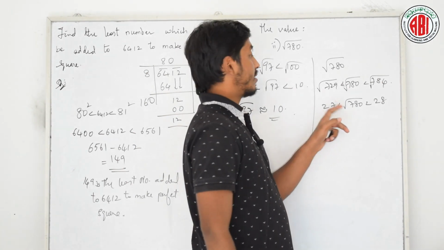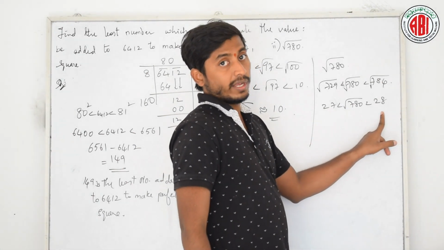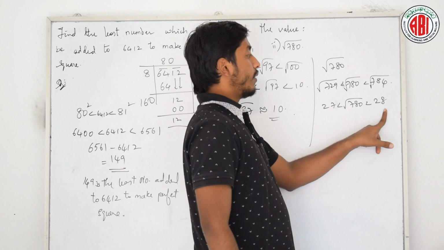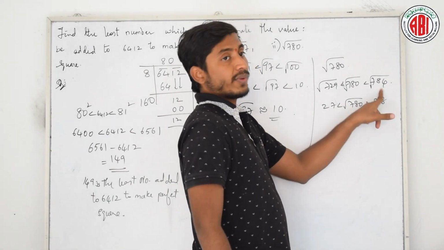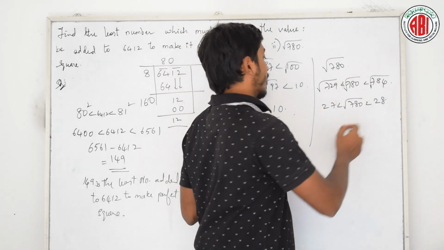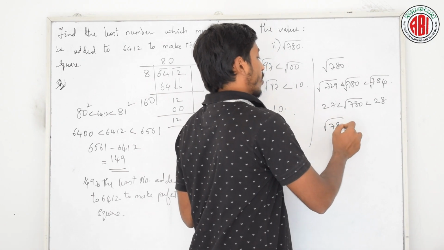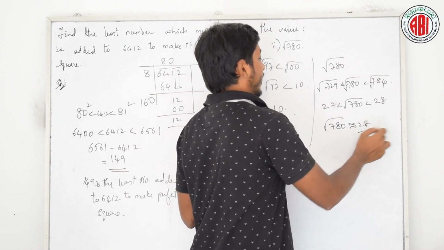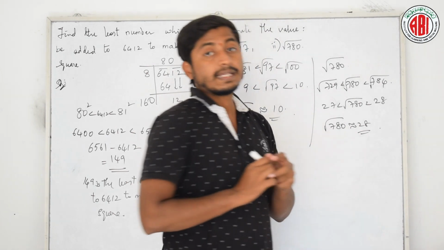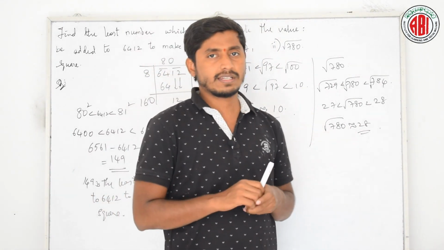So it lies between 27 and 28. Here 780 is very near to 784, therefore root 780 is almost equal to 28. Is it clear? Is it right? Did you understand?